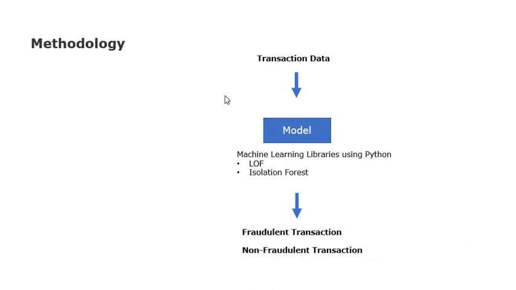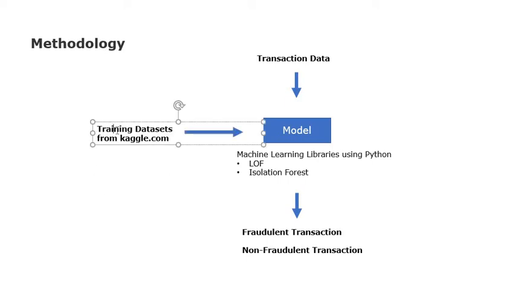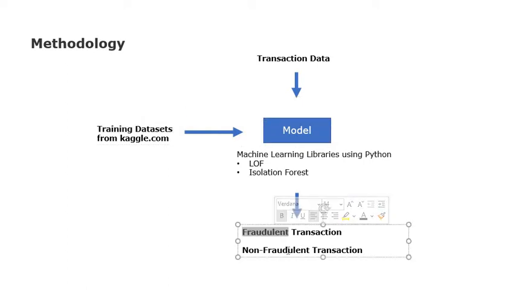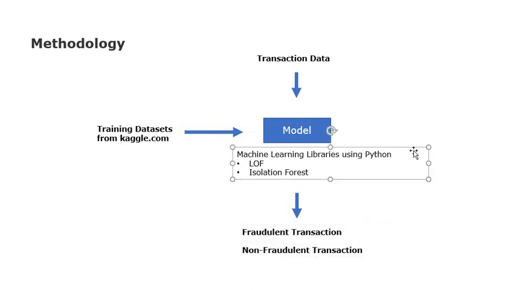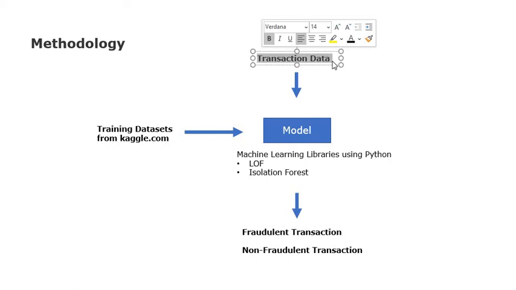To do that, we have to train our model with a data set, so that the model understands how fraudulent and non-fraudulent transactions look. The model learns from this data set, and then it is capable of determining whether a new transaction is fraudulent or not.